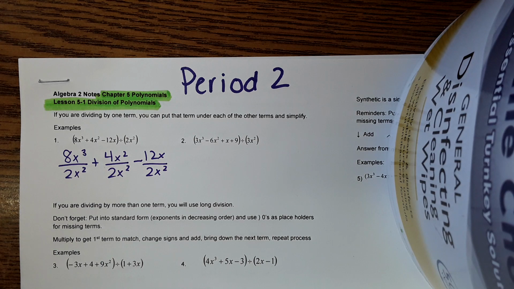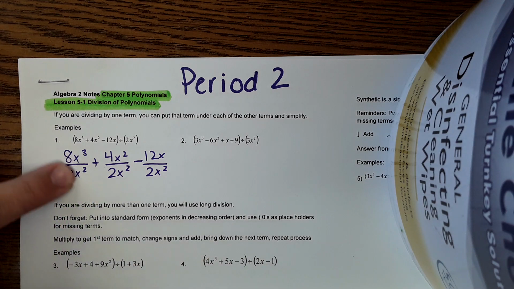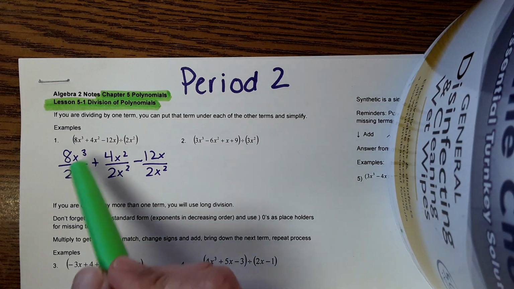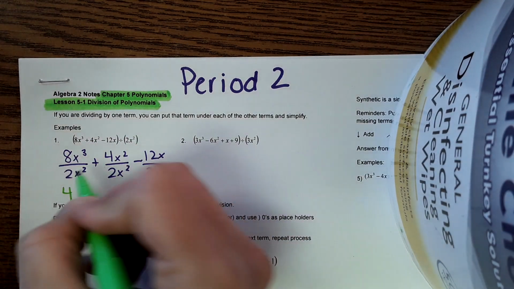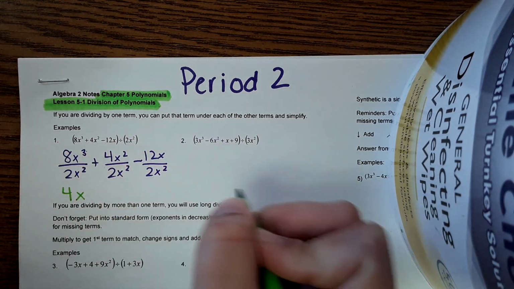And now we simplify. So remember a couple chapters back, when you're dividing things with exponents like this, if you have the same base, which is x, then you can actually subtract the exponents. So this would be 8 divided by 2 is 4, and then x cubed divided by x squared, there's going to be 1x left over on top.